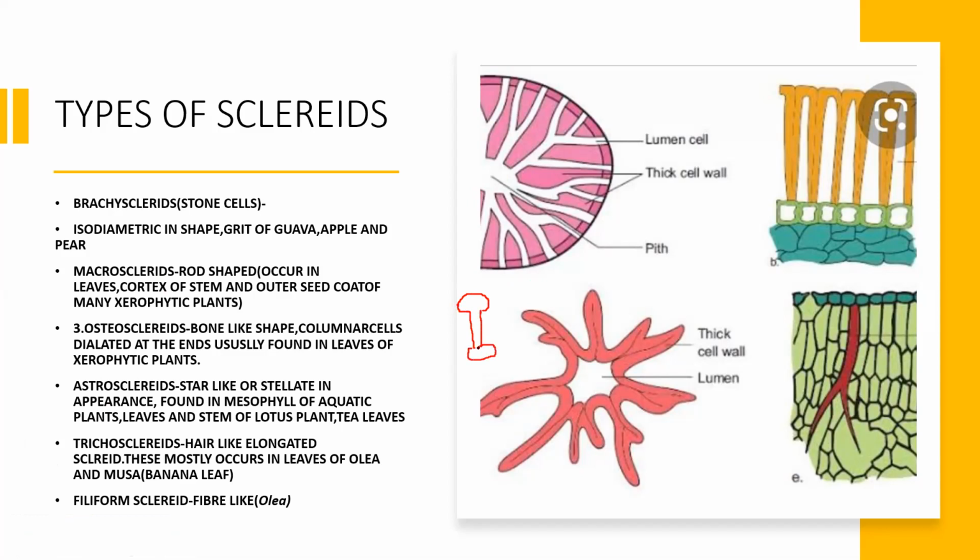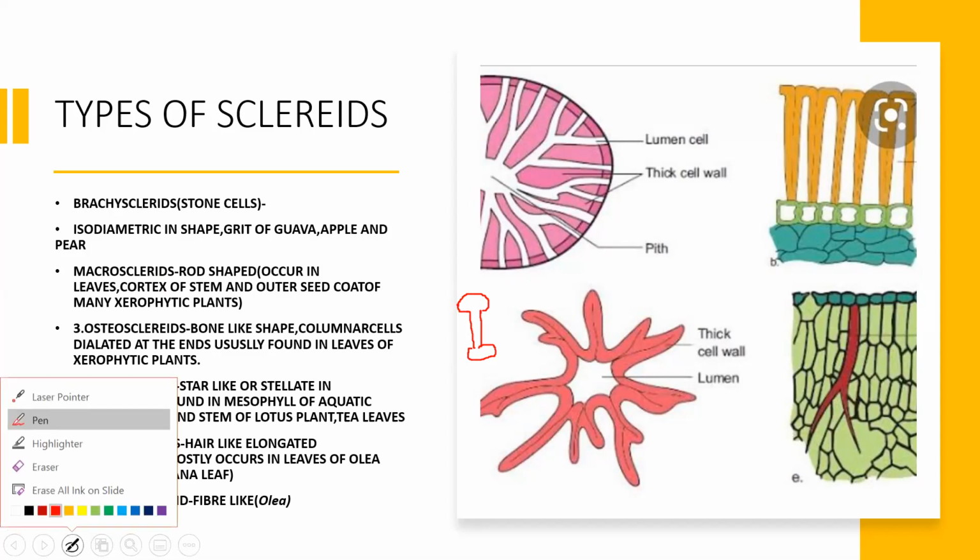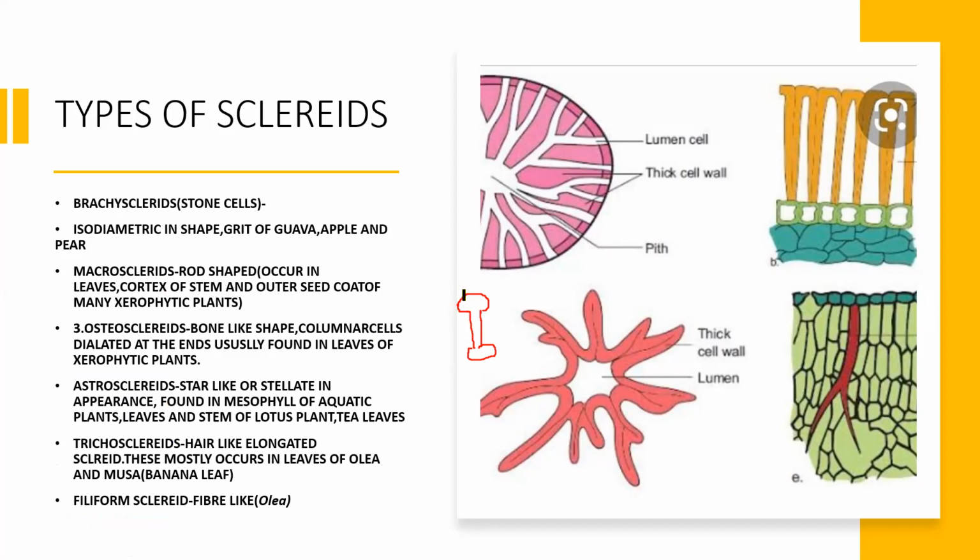So this part will be thickened, and the yellow color is showing the thickening. This is the dilated part. This is the thickened part, and the shape is like bone. So this is called osteosclereid. Bone-like shape, columnar cells, dilated ends, and this is found again in the leaves of xerophytic plants.